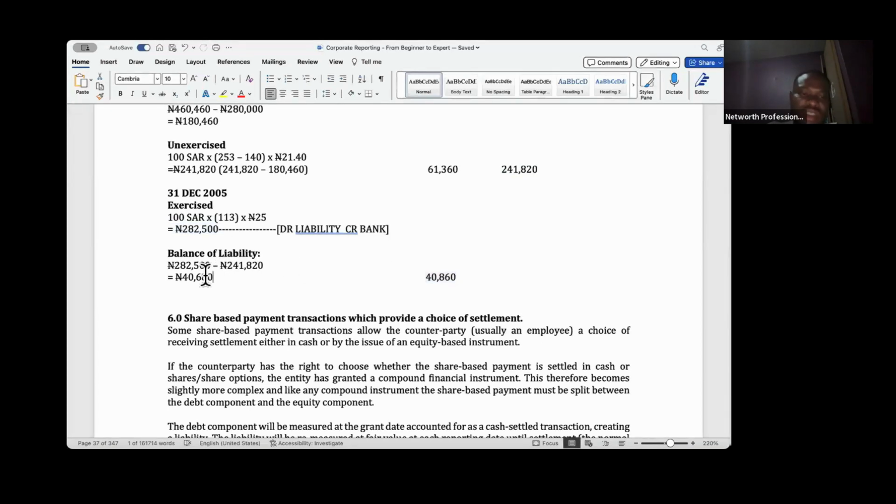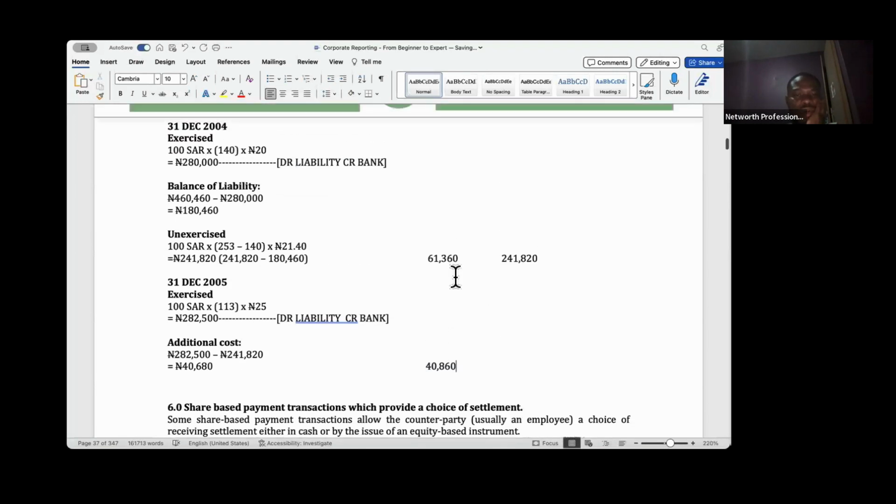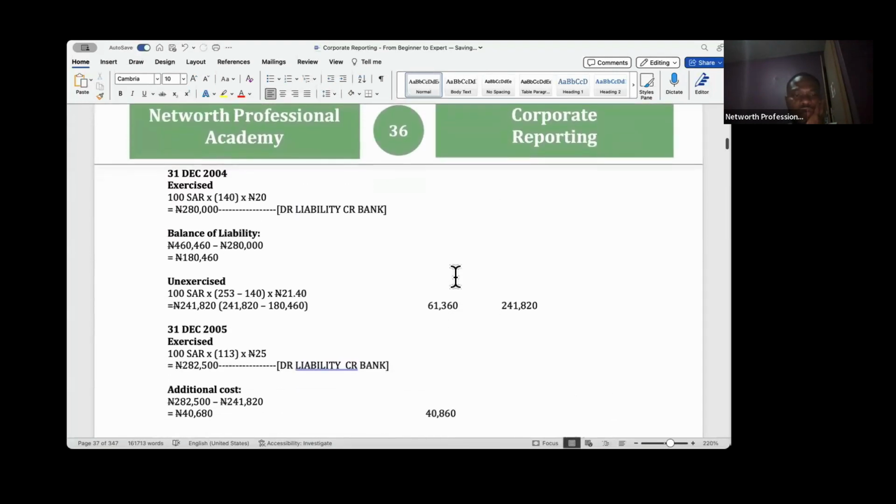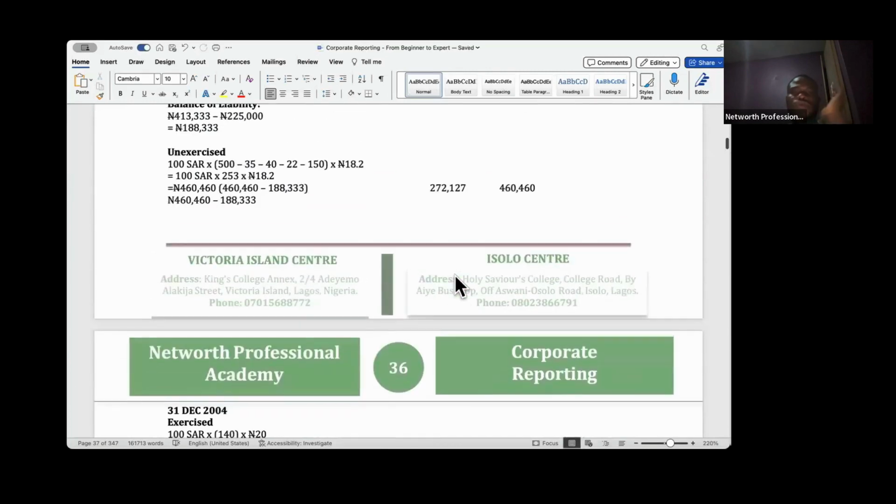So this 40,680 is more like an additional cost to me, an additional cost that goes to my profit or loss. And that ends this particular question for cash settled.